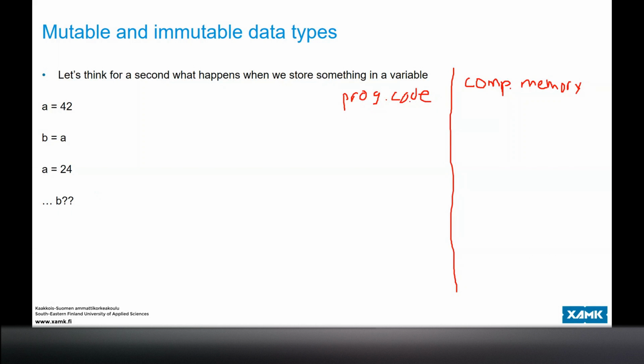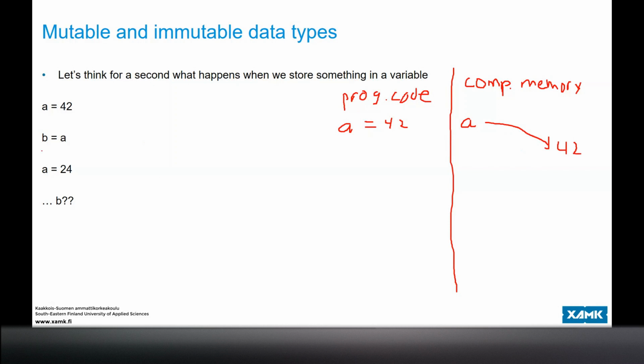And so what happens when we say something like A equals 42, we should assign this number 42 to the variable A. We are doing an association between the variable A and a value of 42.